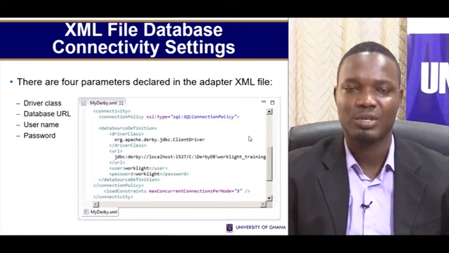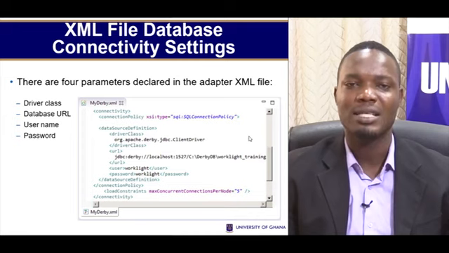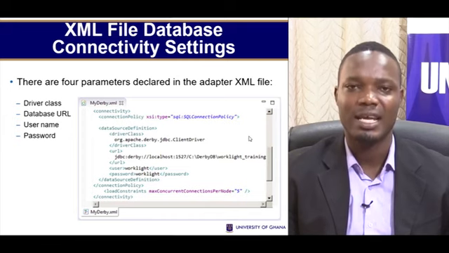Then you need to proceed to the connectivity settings, because we are talking to a data source, a database. We will need the database connectivity settings put in place so that it can be successful. Now, the 4 parameters that you would need to configure in your XML file are the driver class, the database URL, the username, and the password.